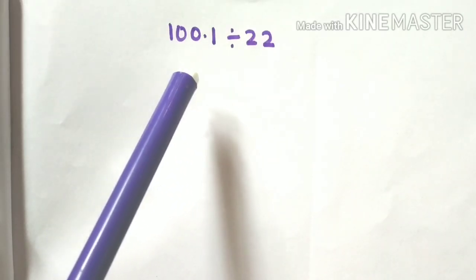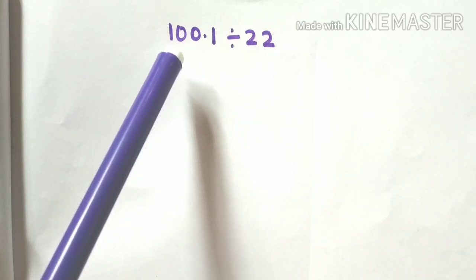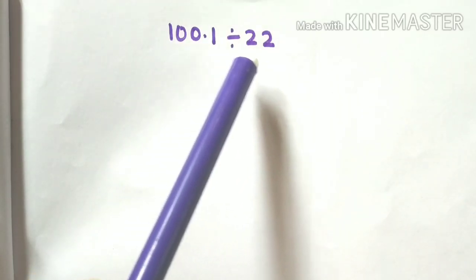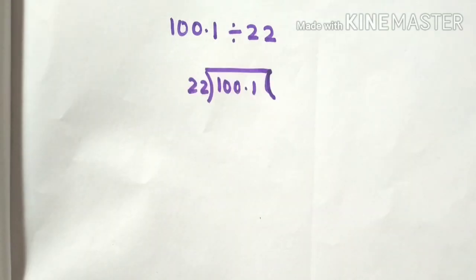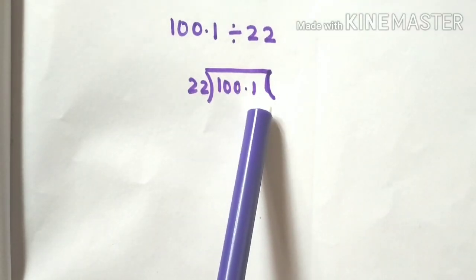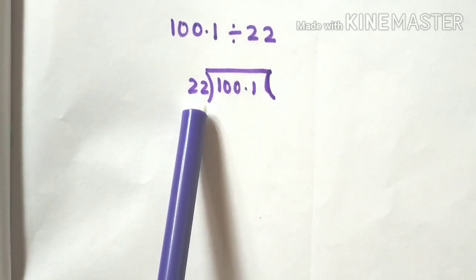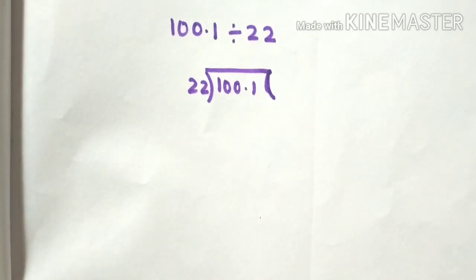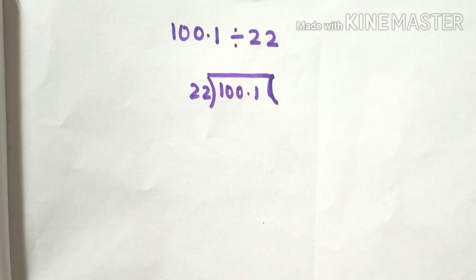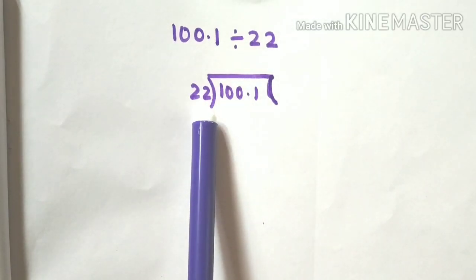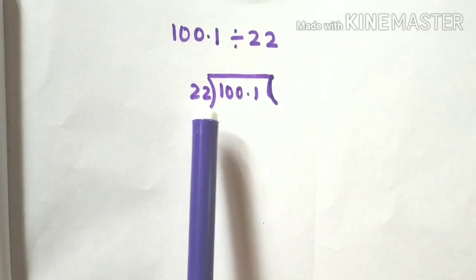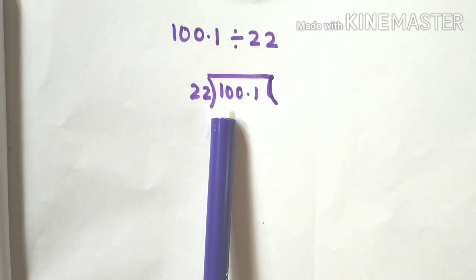Now students, look at this question. In this question we are asked to divide 100.1 by 22. So students, 100.1 is the dividend and 22 is the divisor. Now students, since there are 2 digits in the divisor, let us try to consider 2 digits from the dividend.